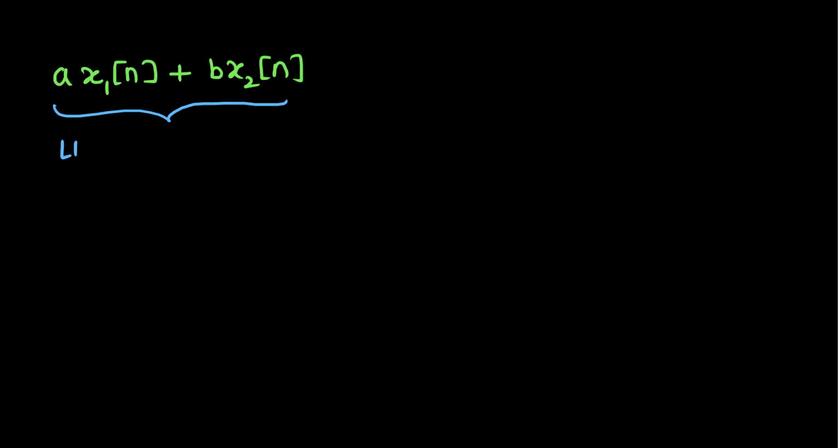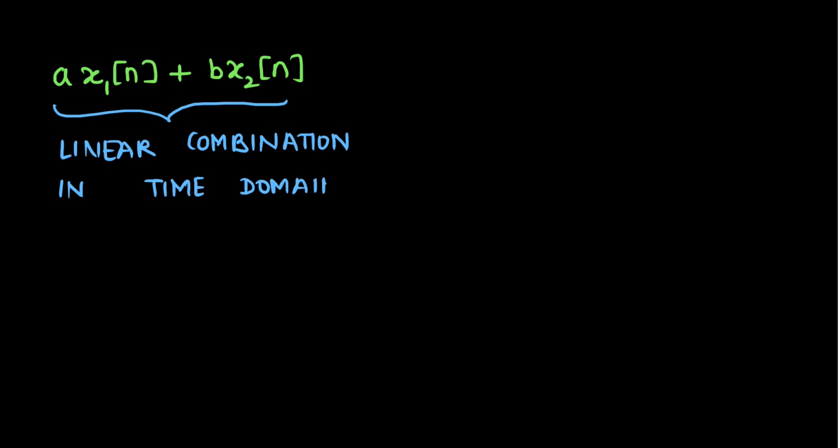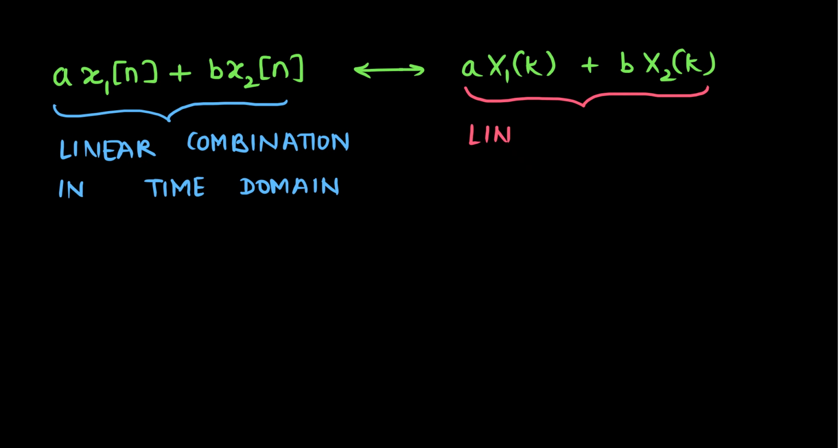Therefore what we have is, when we have a linear combination of signals in time domain, then its corresponding discrete Fourier transform is given as a into X1 of k plus b into X2 of k, and this is a linear combination in frequency domain.